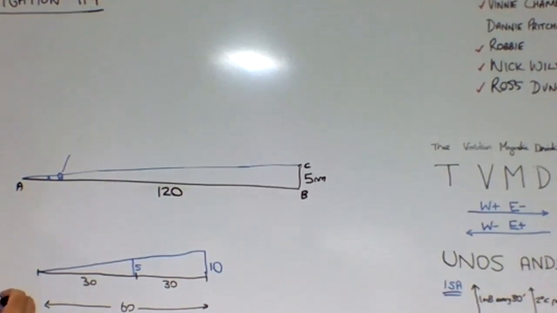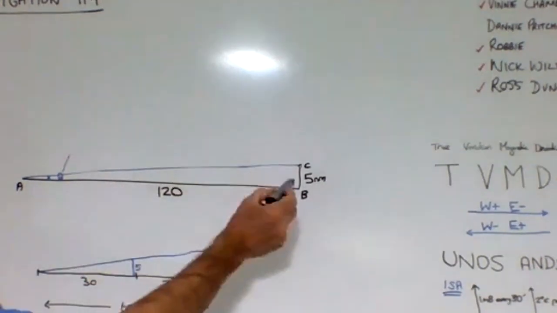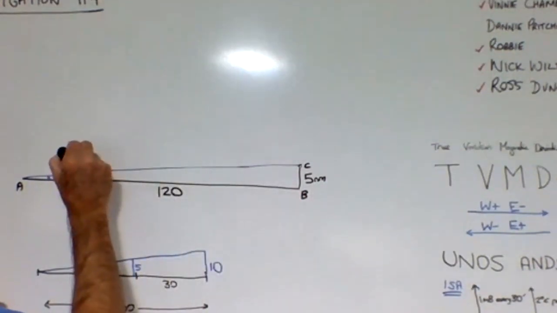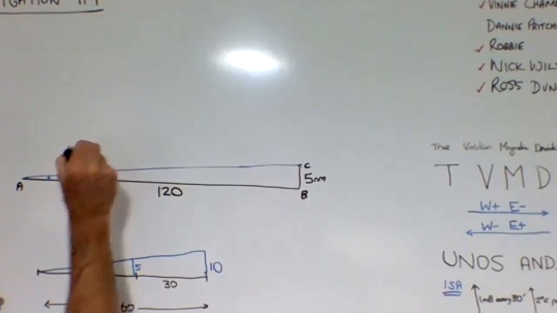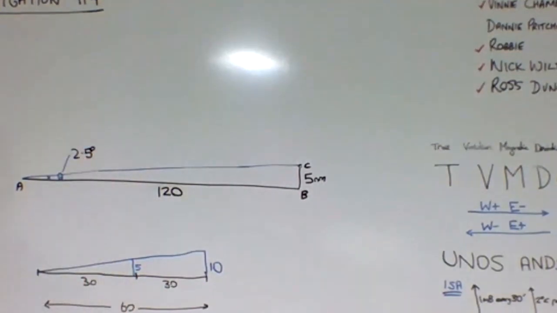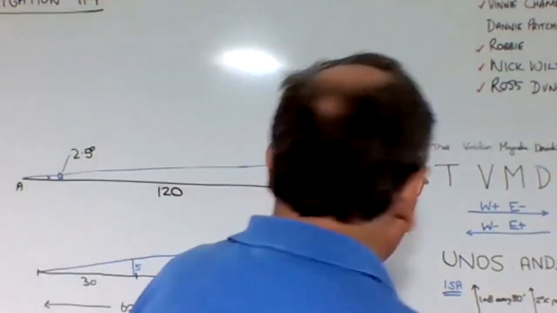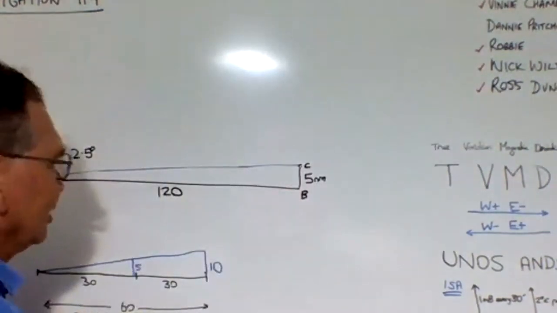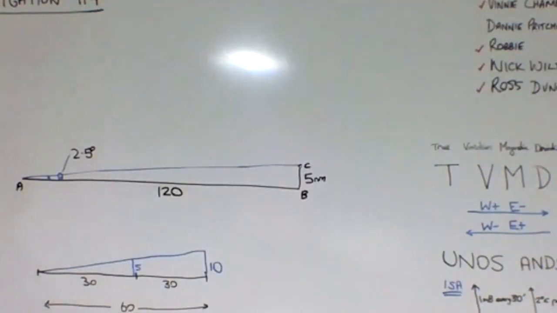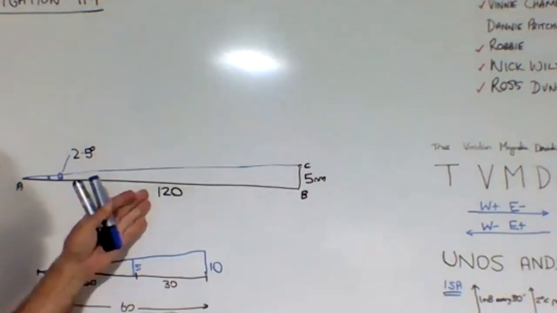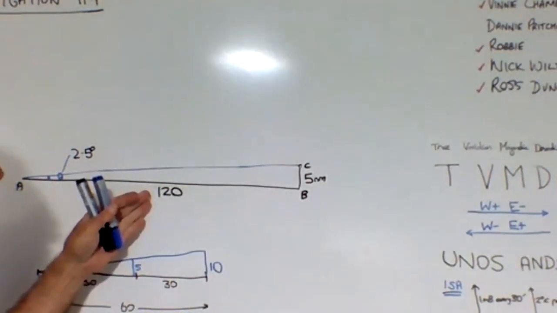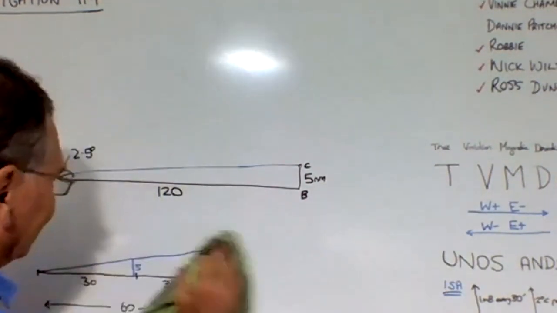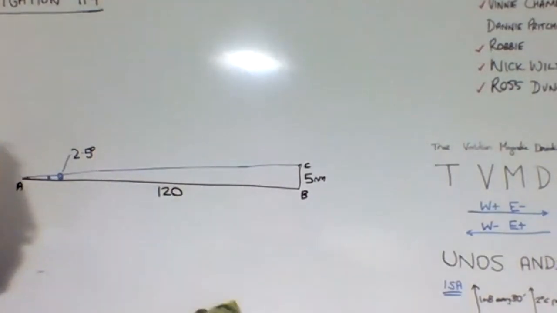It'll be half of 5, so 2.5. That's going to be 2.5 degrees. In other words, it's going to be whatever this is, relative to 60, isn't it?